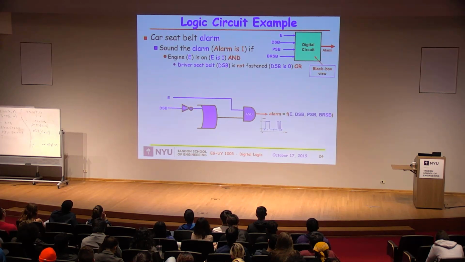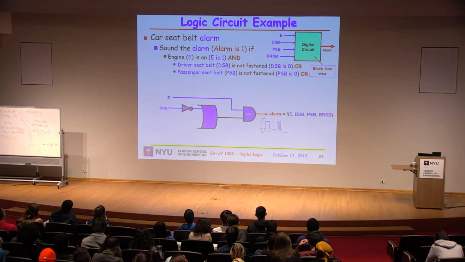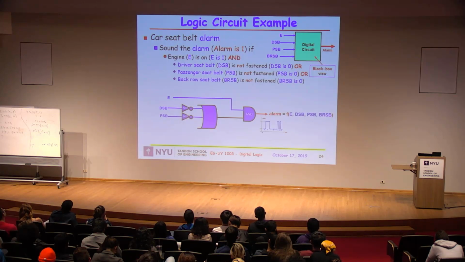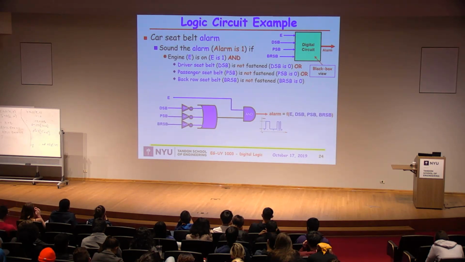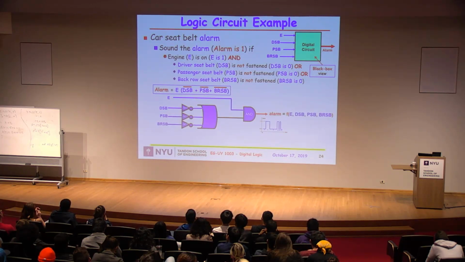DSP is 0, so you invert it so that this is 1. Or we have an OR gate, the passenger seat belt is not fastened, or the back row seat belt is not fastened. All right? So here's your combination circuit with 5 gates, everybody, and here's the expression for this circuit.